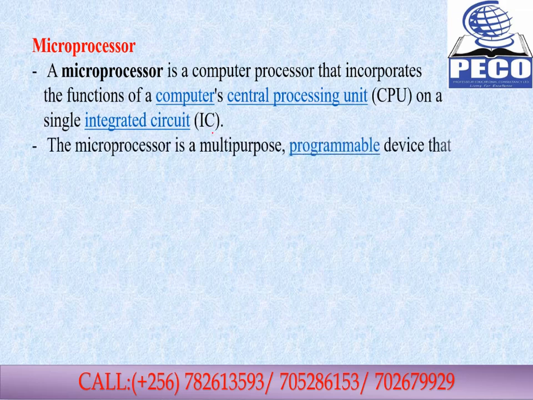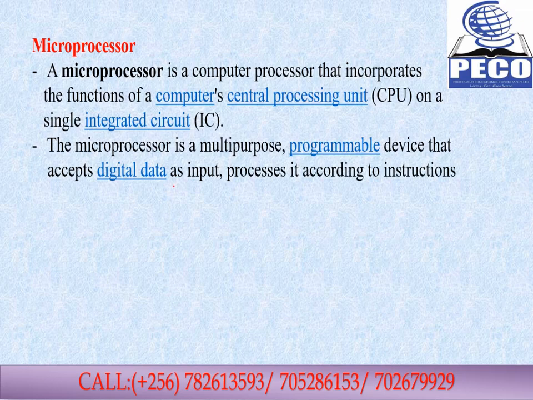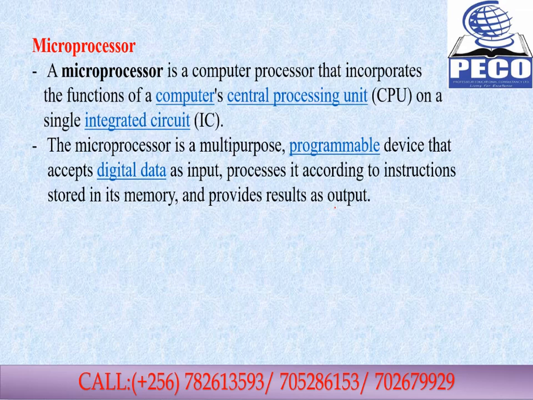The microprocessor is a multi-purpose programmable device that accepts digital data as input, processes it according to instructions stored in its memory, and provides results as output. It will accept those instructions in the form of digital data as input.